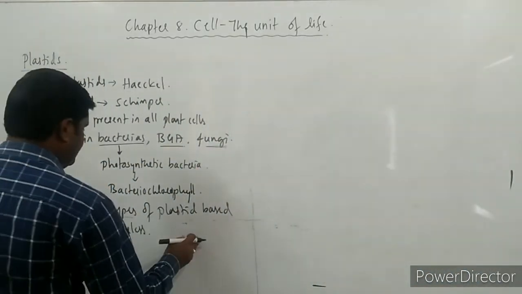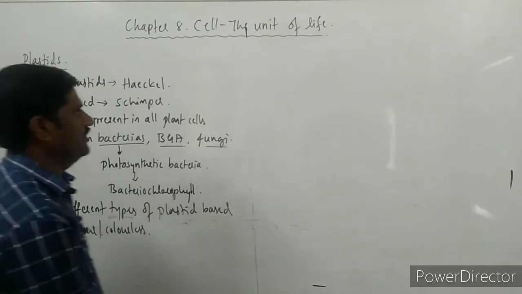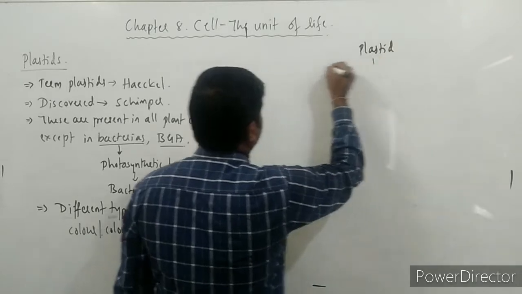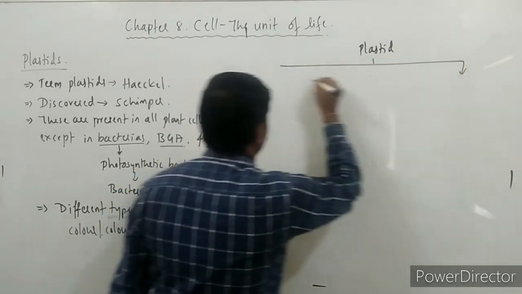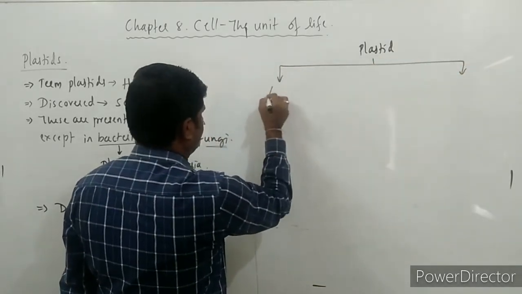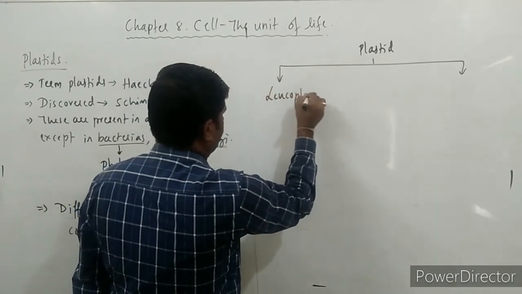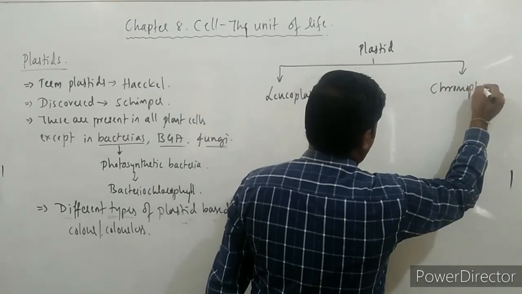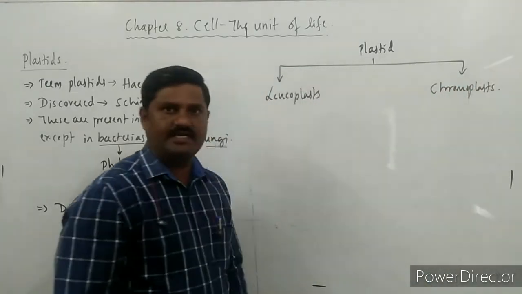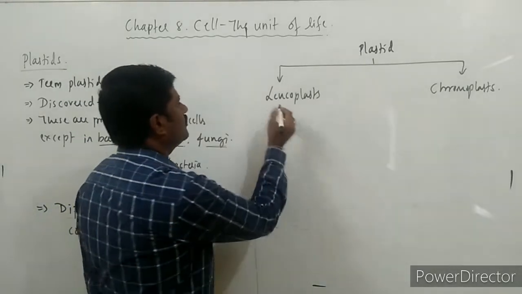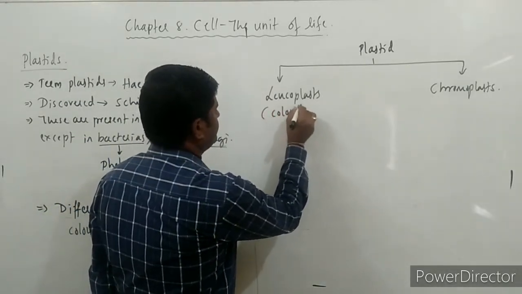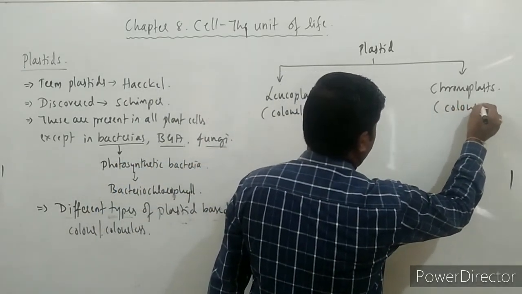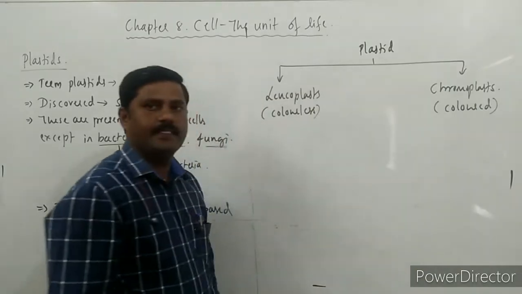So let us discuss the different types of plastids. Plastids are basically classified into two types based on the coloration. One is leucoplasts. Leucoplasts are one type. Chromoplasts are another type of plastids. Leucoplasts are colorless in nature. Chromoplasts are the colored ones.